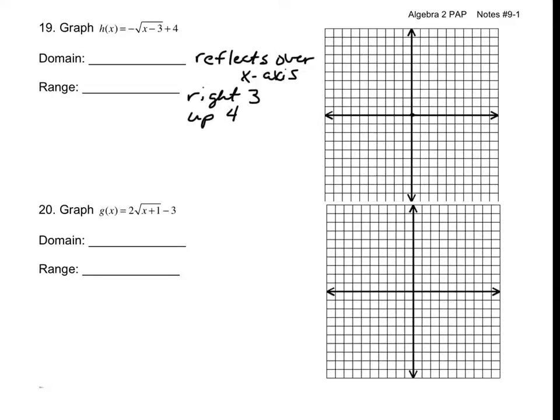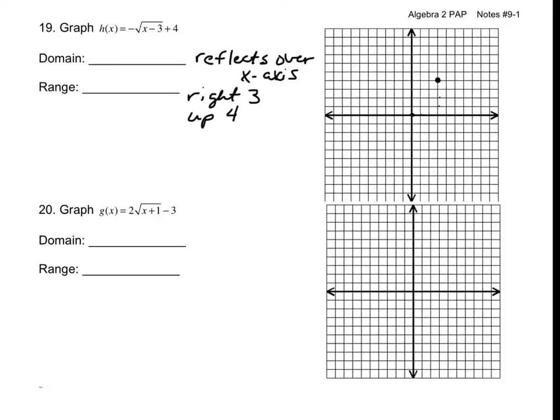So let's do our horizontal and vertical shifting first. We go from our starting point, which is normally at 0, 0, and we're going to go right 3 and up 4. And there's our new starting place right there.